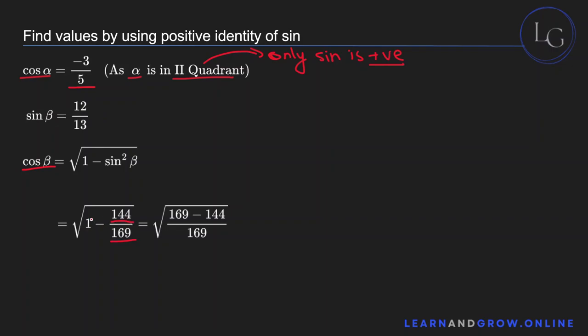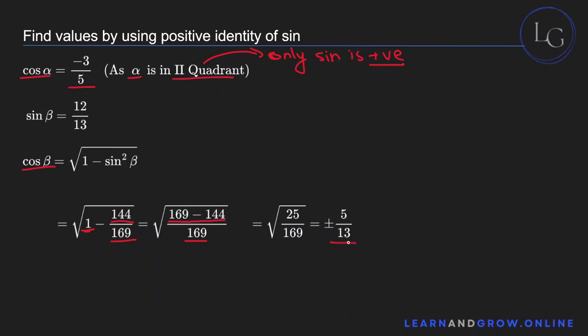And again, you can multiply this 1 over here with 169, and also divide it by 169 to take the LCM. Once you take the LCM, you find out that the numerator becomes 169 minus 144, and the denominator is obviously 169. Now, 169 minus 144 over 169 is equal to 25 divided by 169. And again, you take the under root of all of that, and you end up with positive and negative 5 by 13.